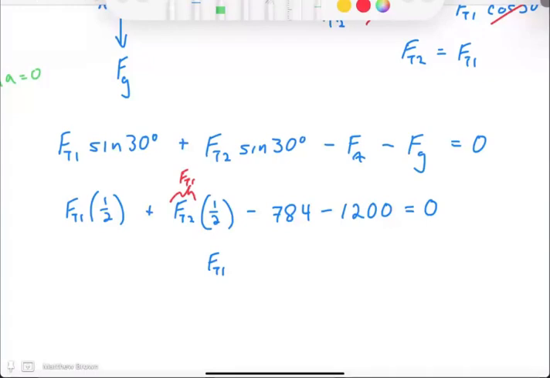And then I can add 1984 to both sides. And that's it. Since they're both equal, that gives me the tension in both of these cables.